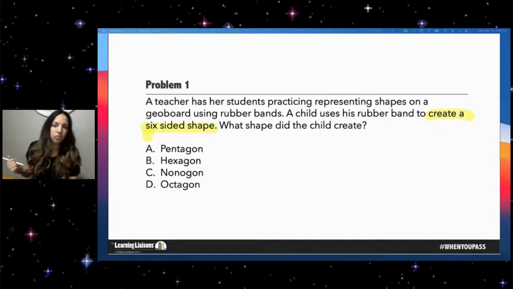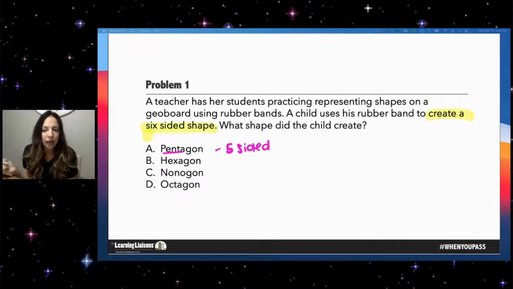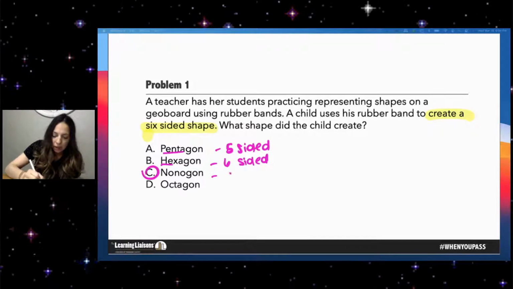So let's just run through these shapes super quickly. We see pentagon. That prefix pent means 5. So this is a 5-sided shape. A hexagon, hex means 6. So this is our 6-sided shape, and this is going to be our answer. Nonagon is going to be a 9-sided shape, and octagon is going to be an 8-sided shape.